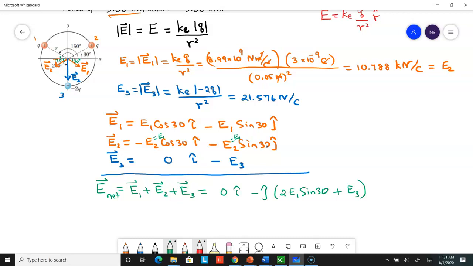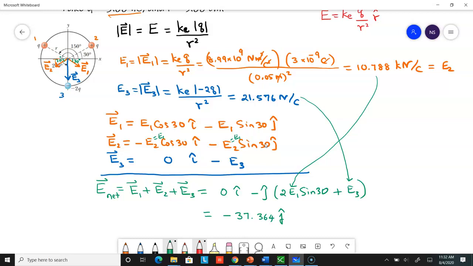Right? So now you just have to substitute the numbers, and there you have it. So this is minus, I'll keep the j for later. When you substitute for E1 from here, that's the E1. And then you substitute for E3 from here. And sine 30 is a half. Anyway, if you substitute all this, you end up getting something like 37,364, or 37.364 j hat.